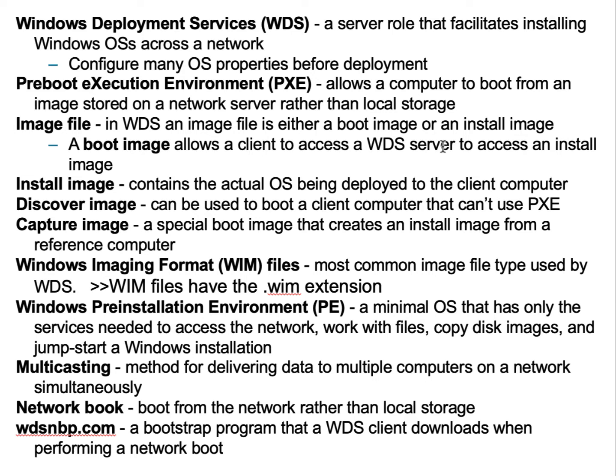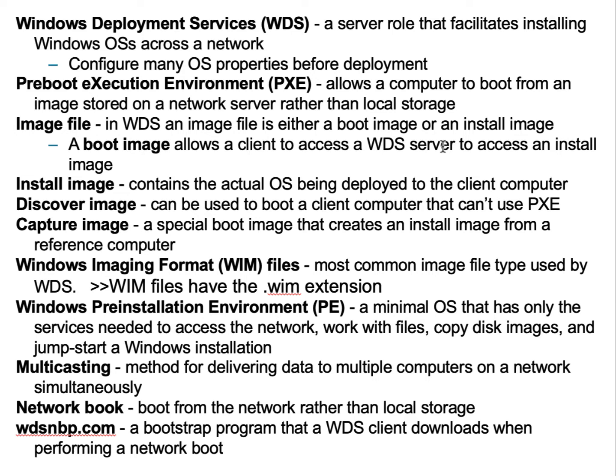During network boot, PXE sends packets to the network looking for a WDS server to send it an installation image. PXE uses Dynamic Host Configuration Protocol, or DHCP, to acquire an IP address, and Trivial File Transfer Protocol, or TFTP, to transfer data.